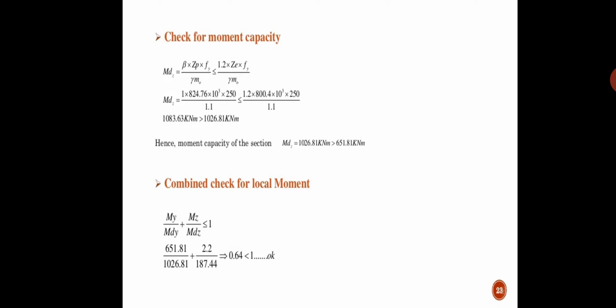My is equal to 651.81, Mdy is equal to 1026.81, Mz is the moment in Z direction 2.2 and Mdz, the design moment, is 187.44. So our ratio is 0.64, which is less than or equal to 1.